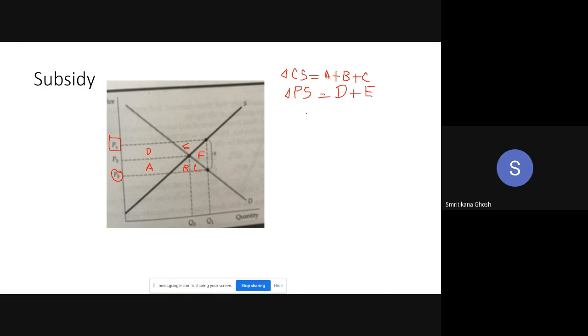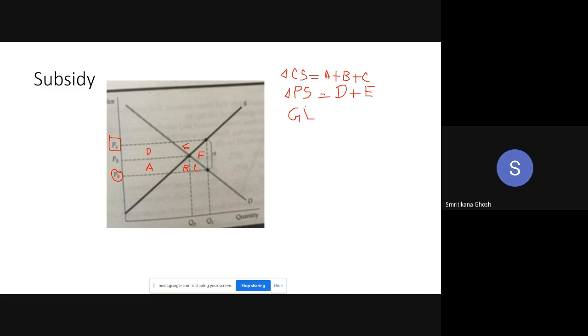Now look, the subsidy is given by the government, right? So the subsidy rate is the gap, the vertical distance between this demand and supply curve, that S, which is written over here. So this is the subsidy rate. And on how much quantity is the subsidy given? Q1. So the total subsidy expenditure by the government, or I can write it as government expenditure, as the subsidy is given by the government to the economy.